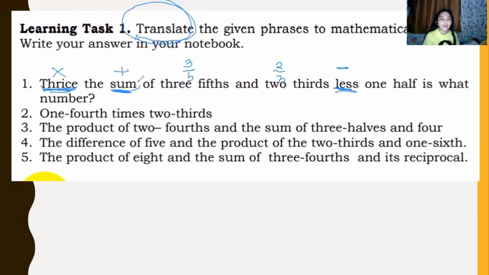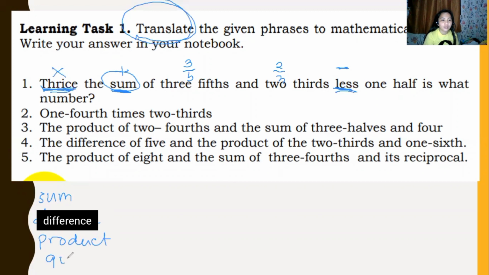So now, pag meron tayong nakitang word na sum, difference, product, quotient, sa isang word phrase or mathematical word phrase, pag may nakita kayo nitong mga to na word na ito, kalimitan sila yung inilalagay sa parentheses.